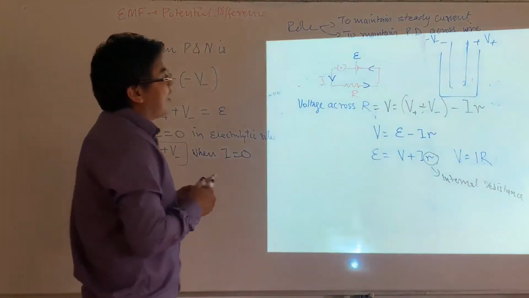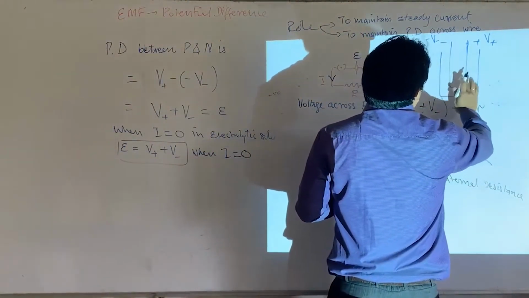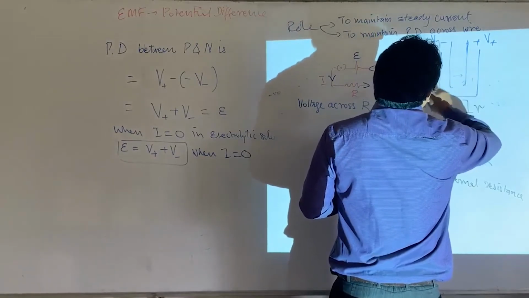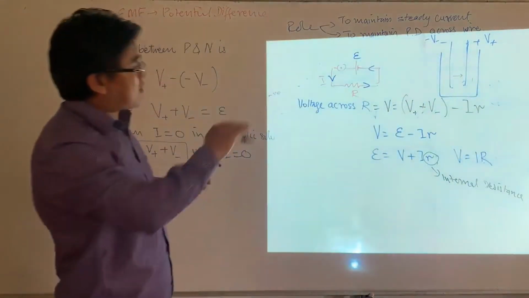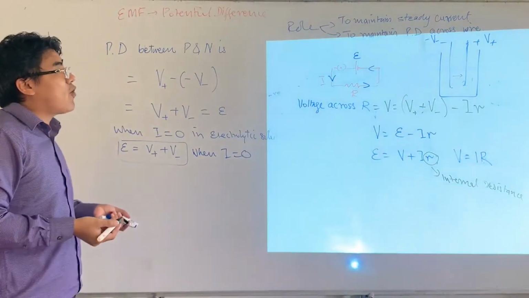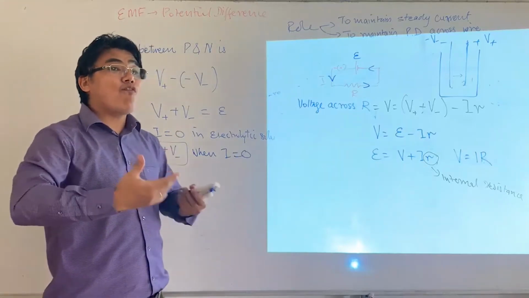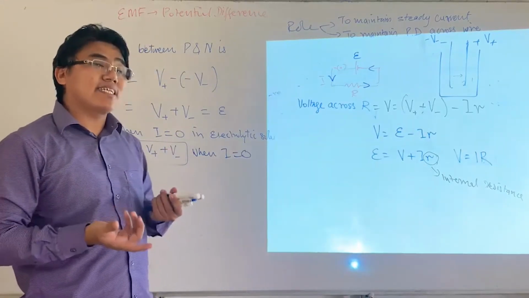When there is a current going through our electrodes, an electrode offers some resistance, and that is what we call internal resistance. Internal resistance is the resistance offered by the electrode.